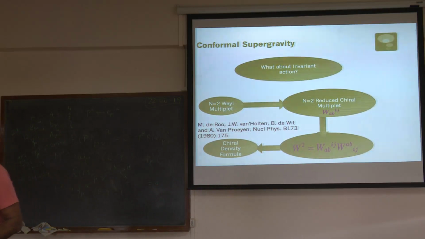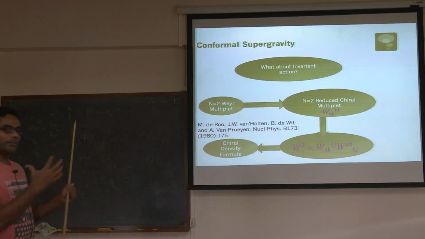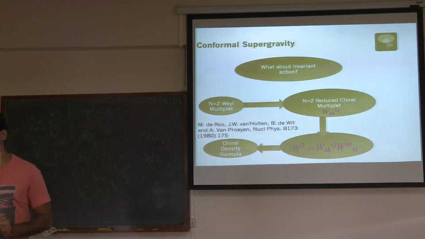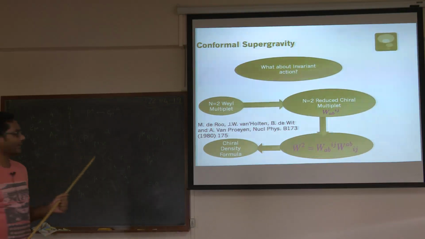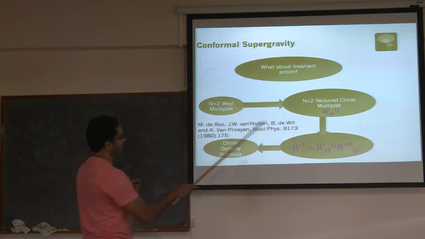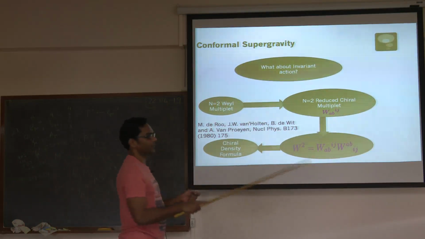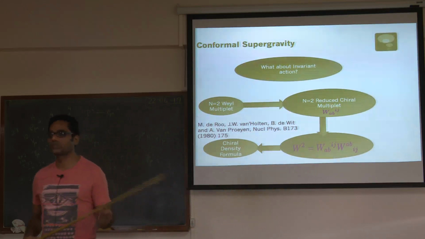So, you know the n equal to 2 chiral multiplet, and you know the transformation rules. You take such a combination in such a way that they transform like an n equal to 2 chiral multiplet, or what we say as an n equal to 2 reduced chiral multiplet.